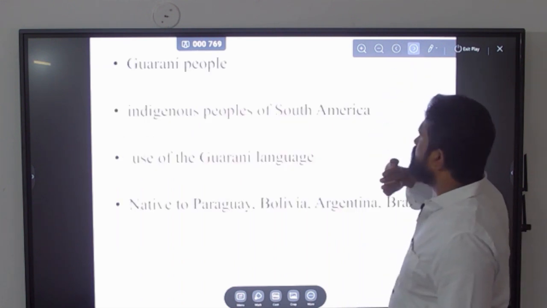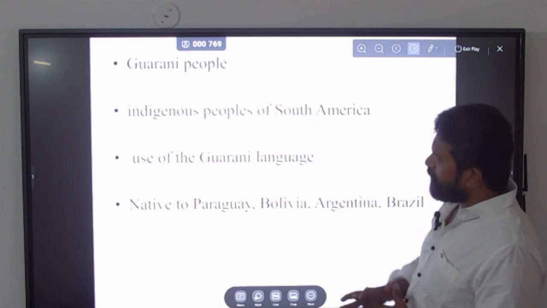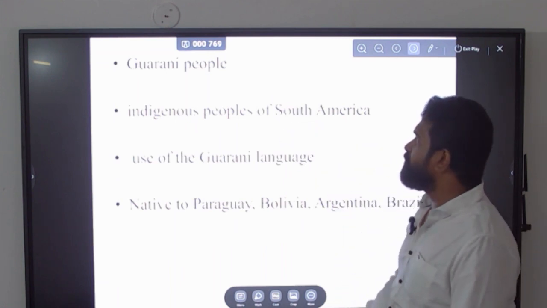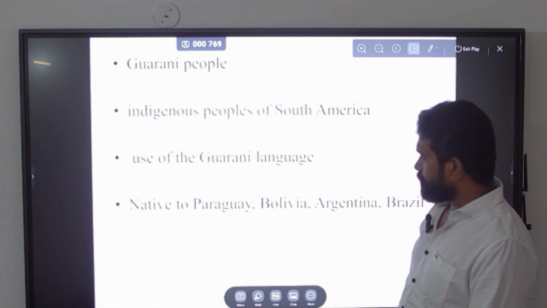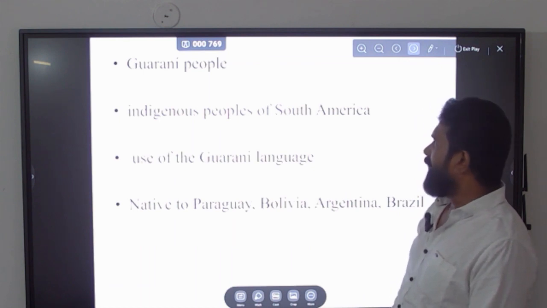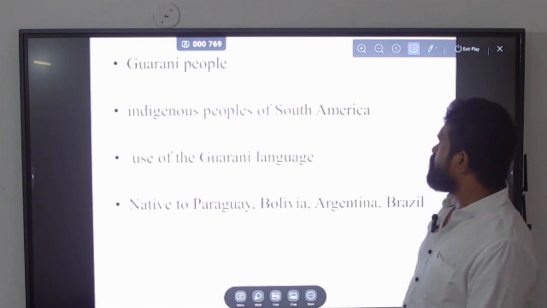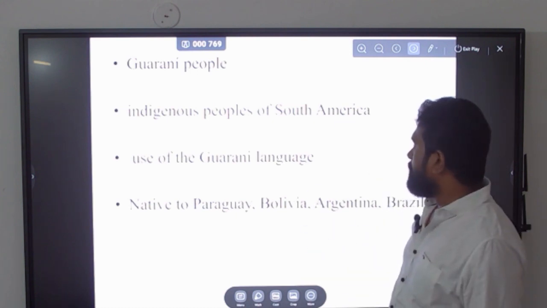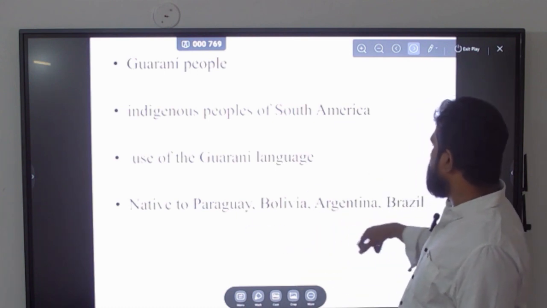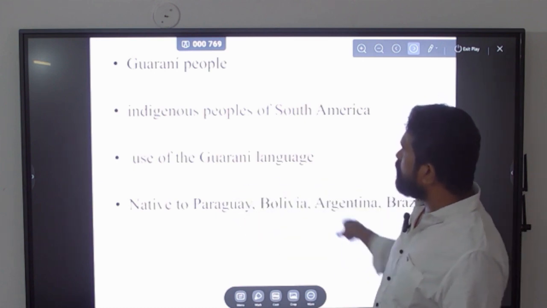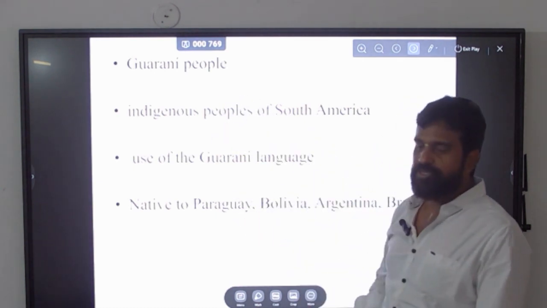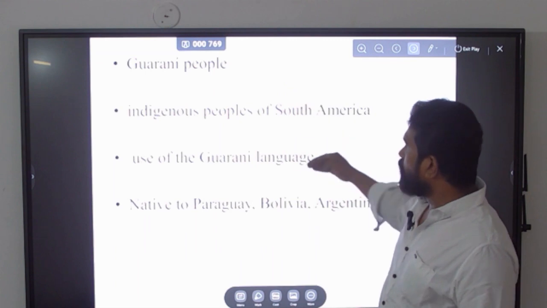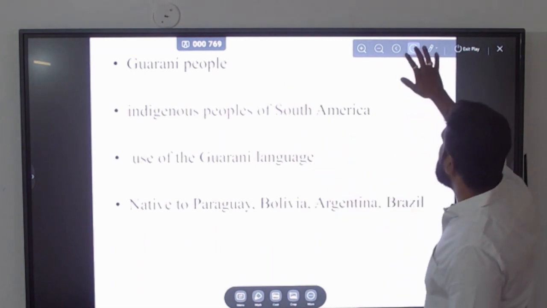From this news we can learn about the indigenous tribal people in Brazil called the Guarani people. They are indigenous to South America, not only Brazil: Paraguay, Bolivia, Argentina and Brazil are the native places of the Guarani people, and they have their own language called the Guarani language.